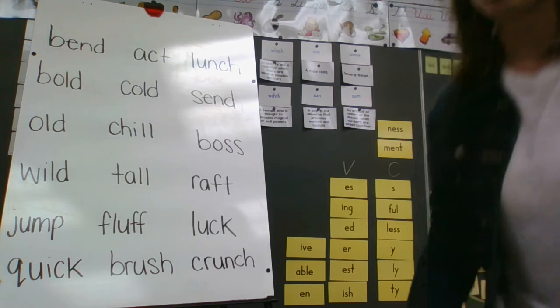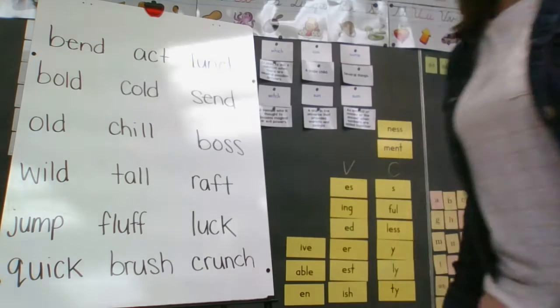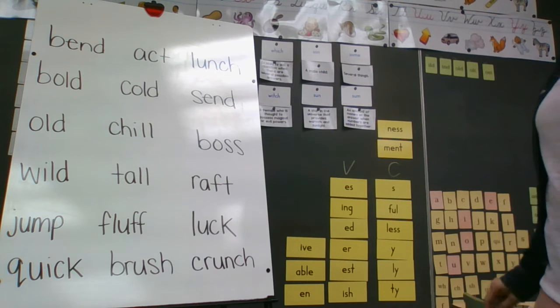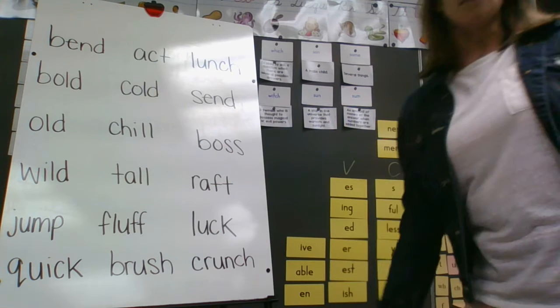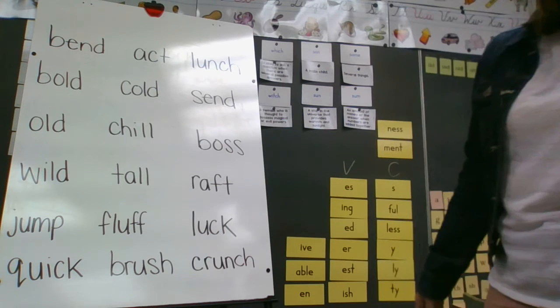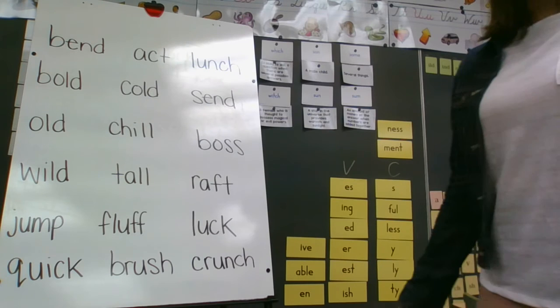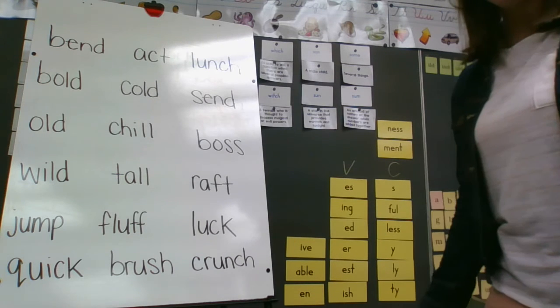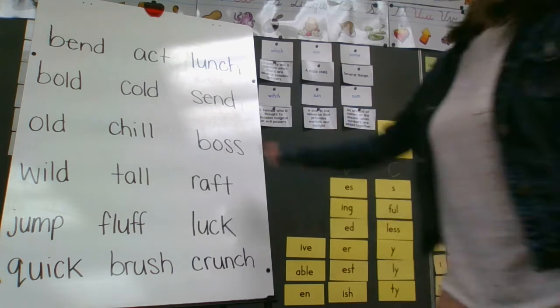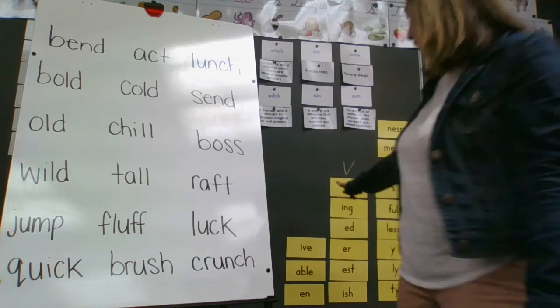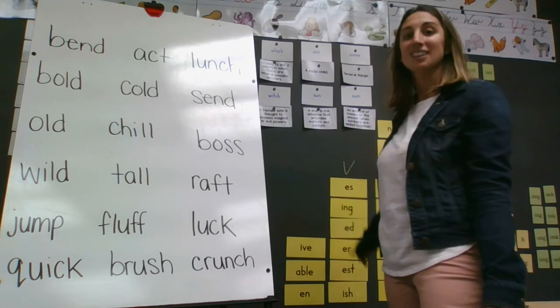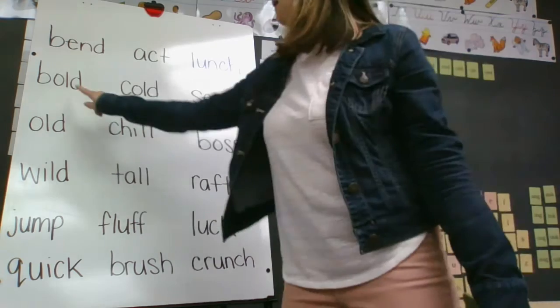So I'll just go with bend. First, what's a suffix we can add to bend? How about bending, right? That's a word. Act. Can you do active? IVE? Sure. Lunch. Can you make it plural by saying lunch, lunches? Try this row.